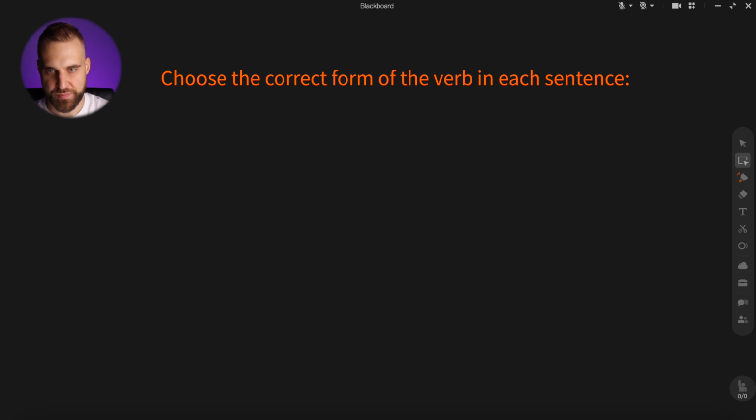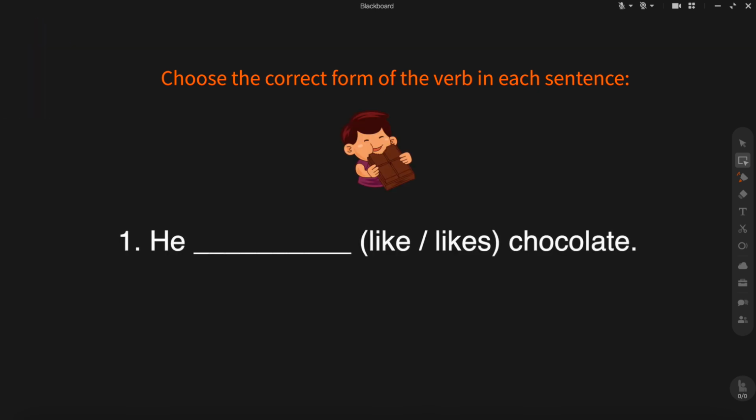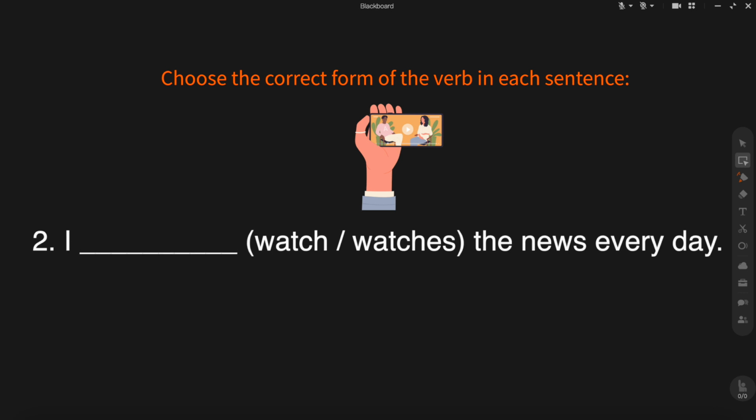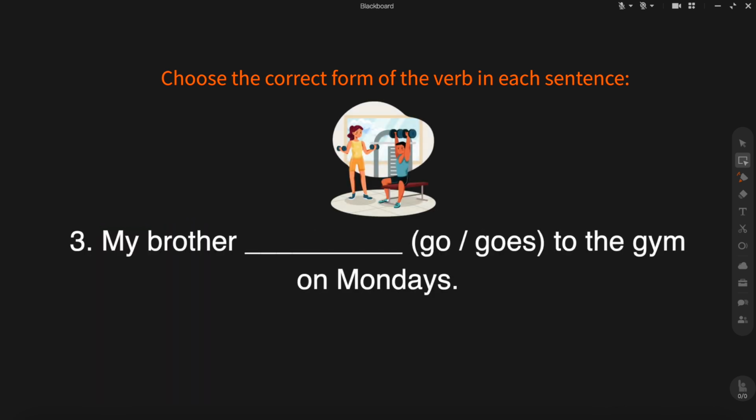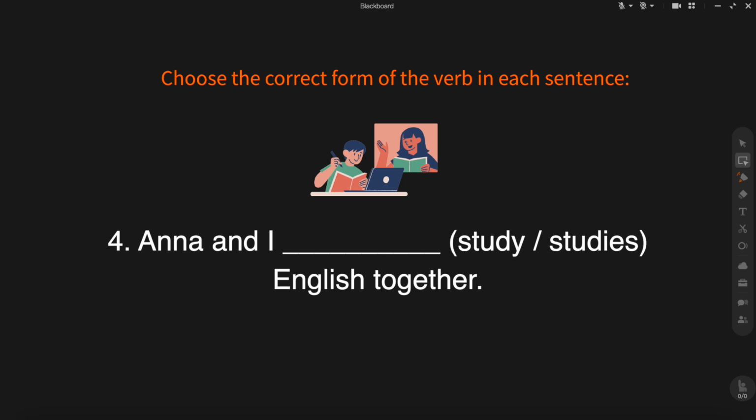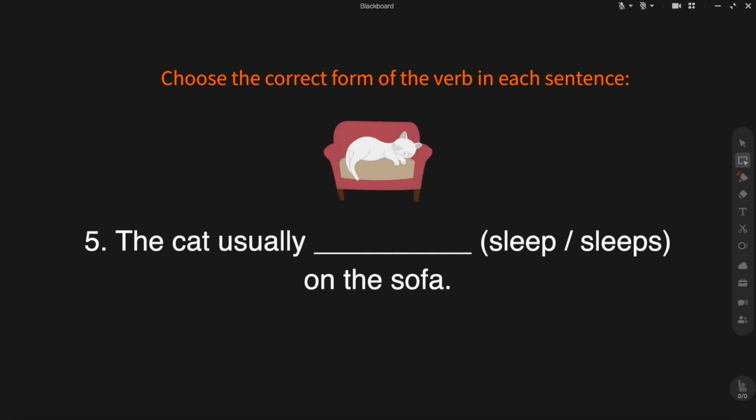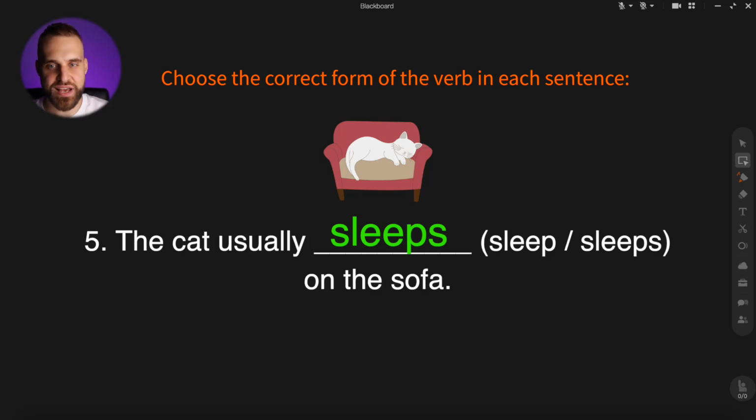Choose the correct form of the verb in each sentence. So if you made any mistakes just now, no worries.